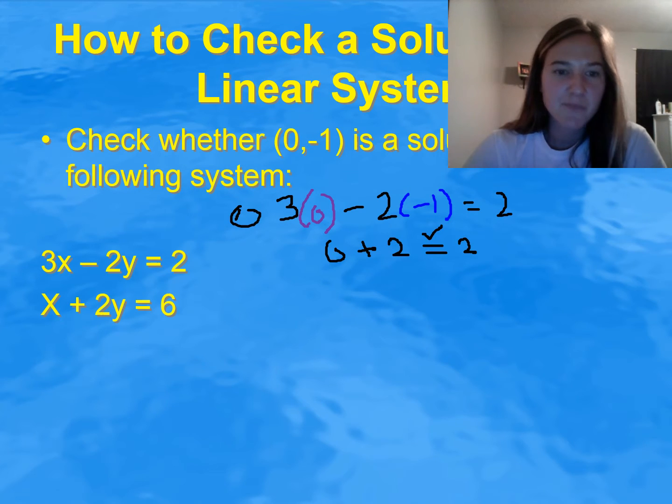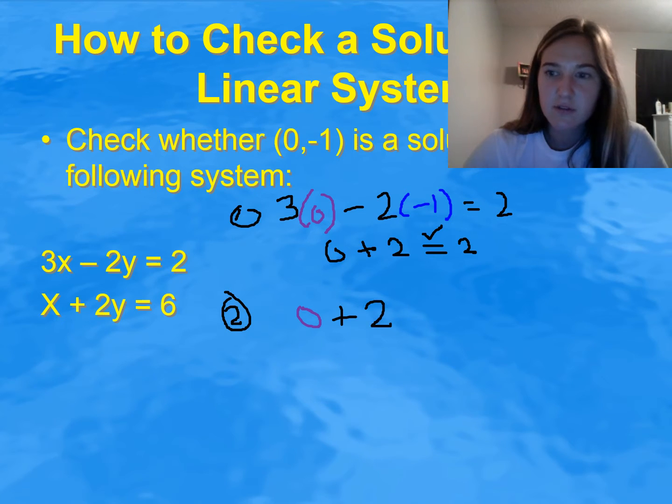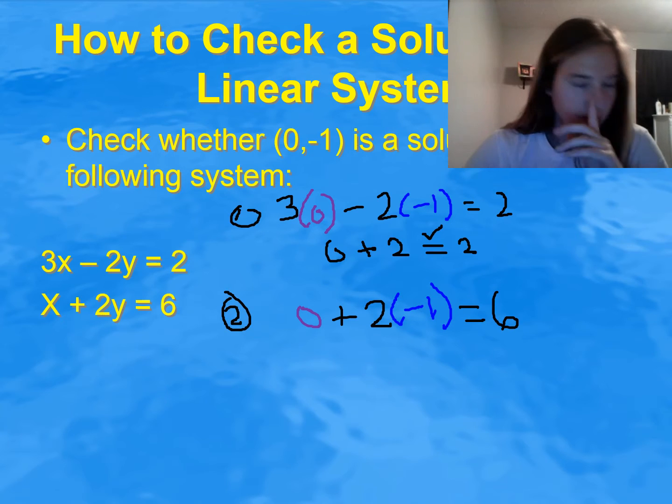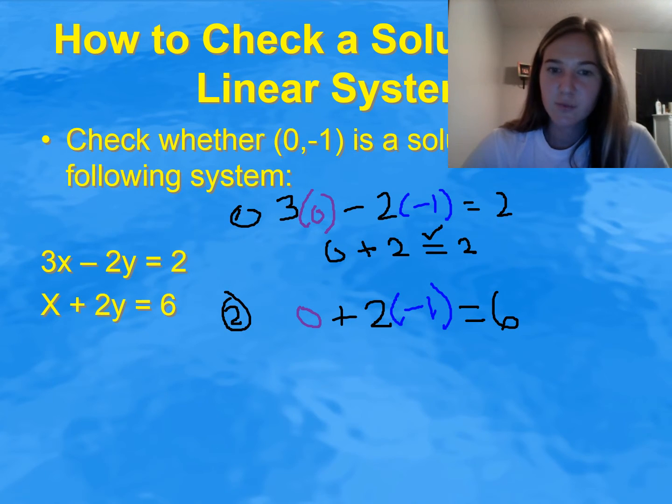So we're good there. Now let's try our second equation. So we have 0 plus 2 times -1 equal to 6. And 0 plus 2 times -1 is -2.